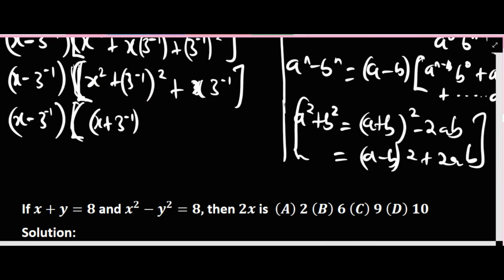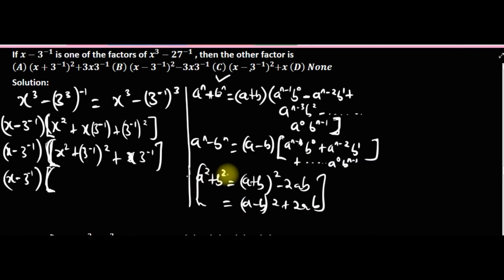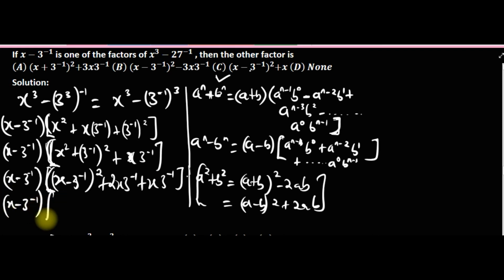So using the second equation, we have x minus 3 raised to the power minus 1, all squared, plus 2 x 3 raised to the power minus 1 plus x 3 raised to the power minus 1.